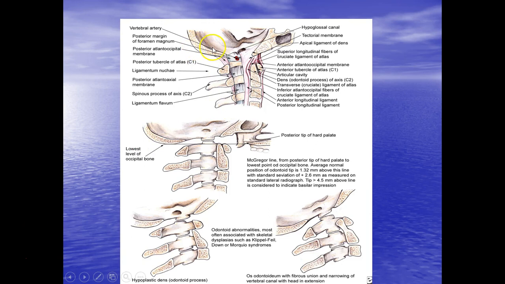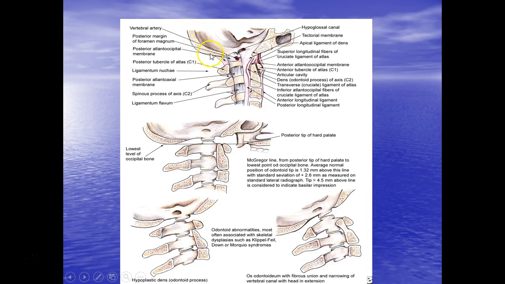Probably didn't need to include this slide. The only significant part of this is maybe this upper diagram, which again is a median sagittal section of the upper cervical region.